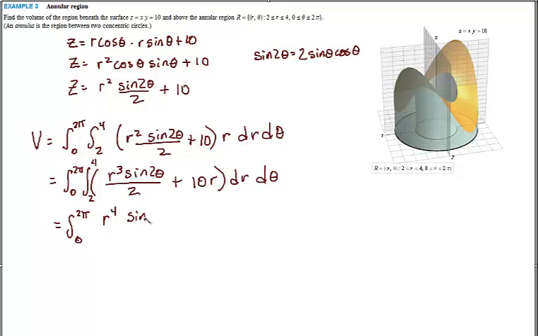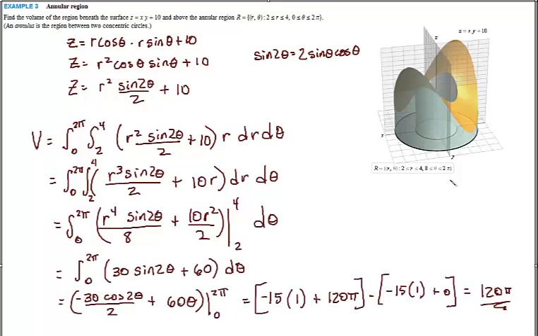Now this sine 2 theta doesn't have an r in it, so it's just like a constant, over 4 times 2, which is 8. Then I'll have plus 10r squared over 2, evaluated from my limits of integration, 2 to 4, d theta. I'll plug those values in for r, and then integrate with respect to theta. When I get finished with that substitution, I get that the volume is 120 pi.